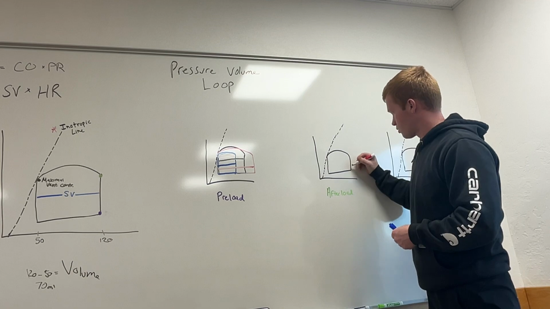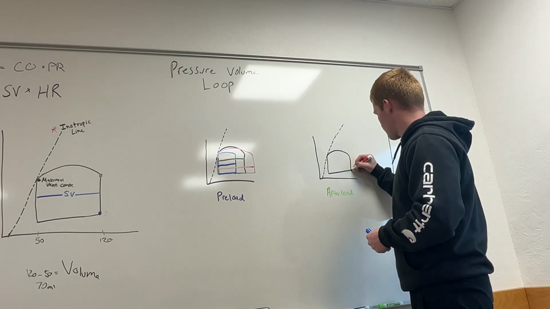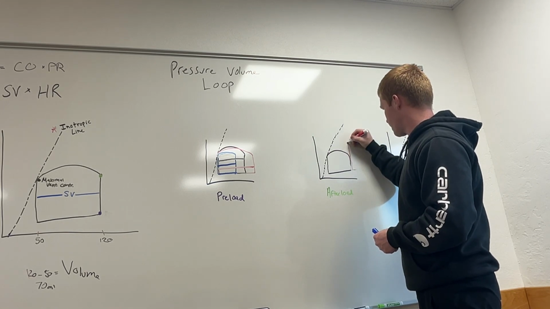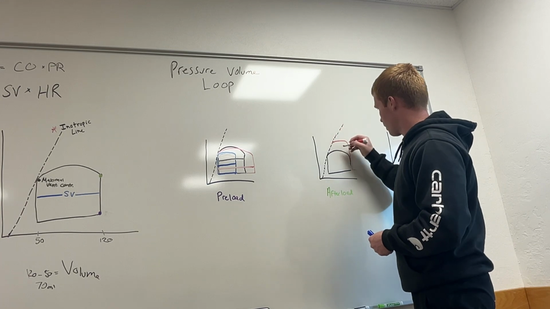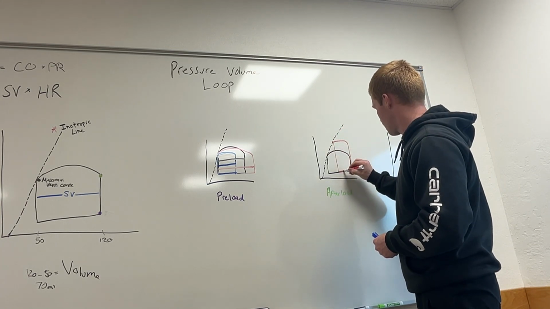Okay, so if we increase afterload, so instead of going to this point, we go up to right here, and we come over, we're going to hit the inotropic line faster, so we come straight down and back right here.